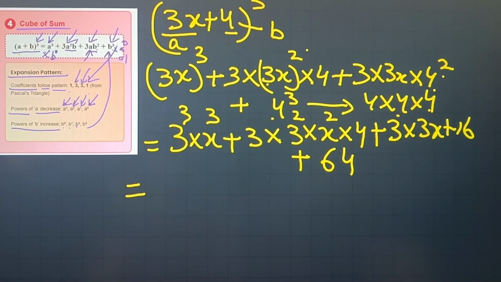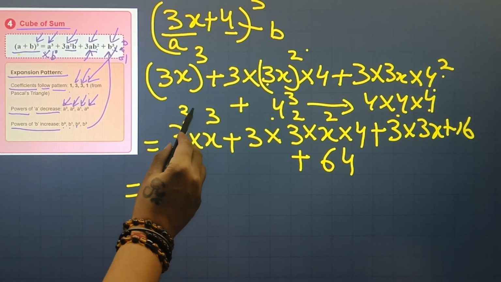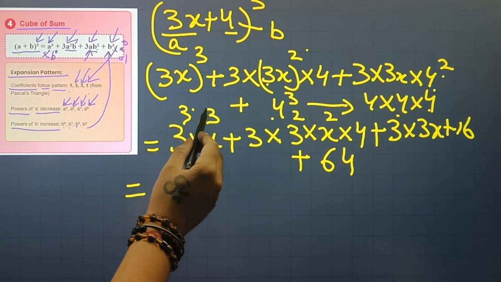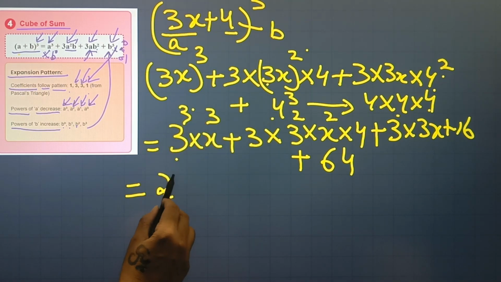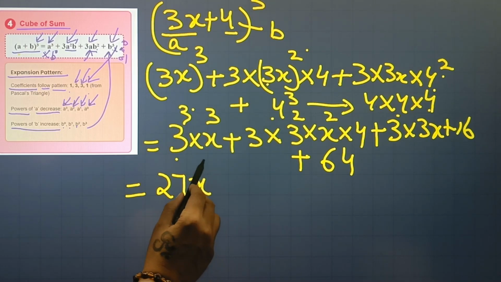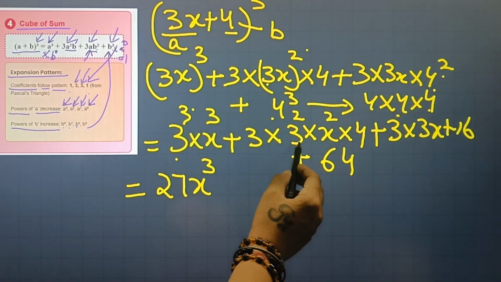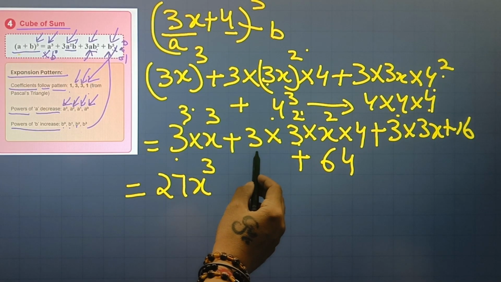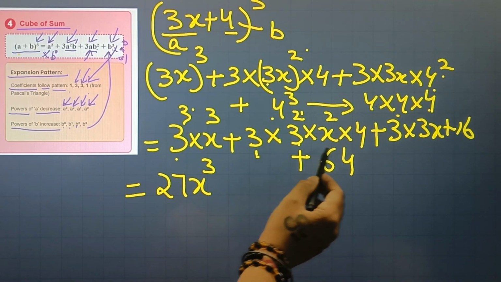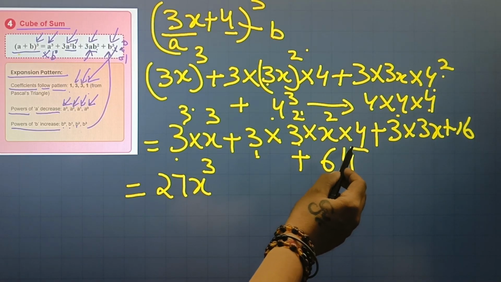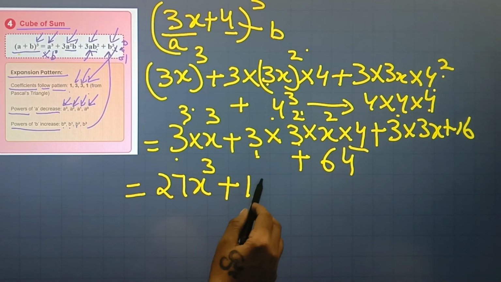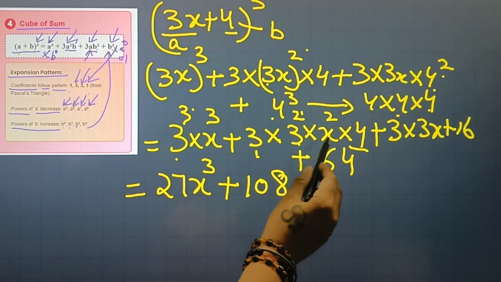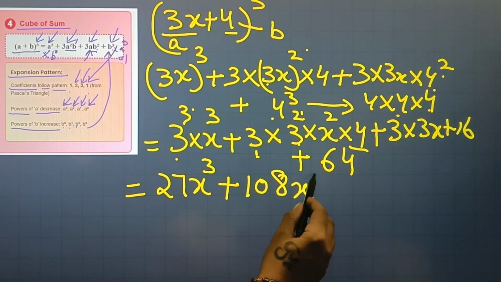So this is equal to 3 raised to the power 3 is 3, 3 is 9, 3 is 27, so 27 x raised to the power 3. Now this term, 3 raised to the power 2 is 9, 9 raised to the power 3 is 27, and 27 multiplied by 4 equals 108, and x square is there.